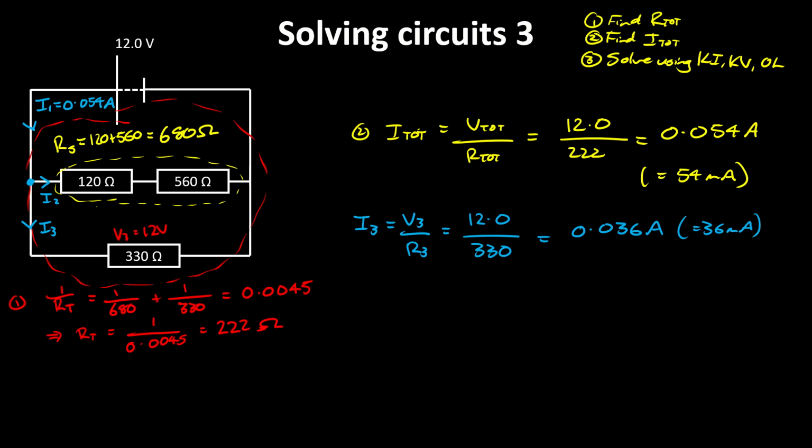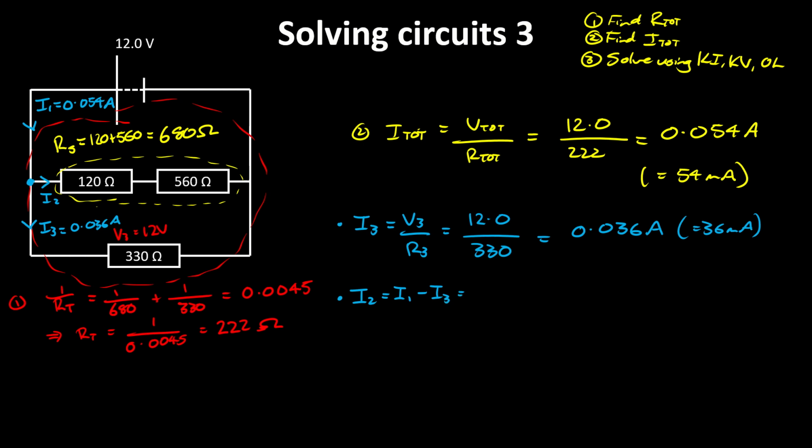Now that we know that, we just look at, okay, what's the next thing we can find out? Now, in this case, because we already know I1, and we now know I3 is, what was that? 0.036 amps. So we know there's 0.054 amps coming into this junction. We know that 0.036 is going down here. The rest must be I2. So I2 is going to be I1 minus I3.